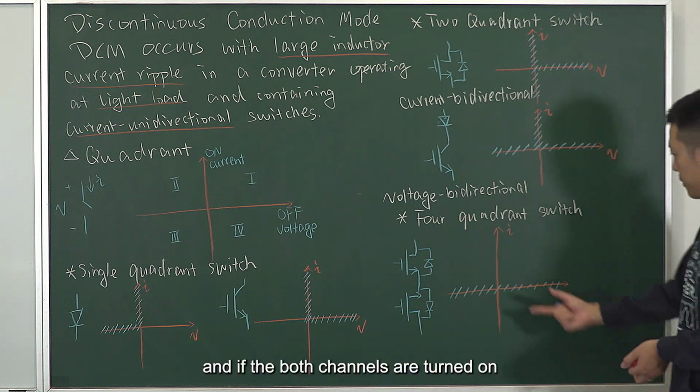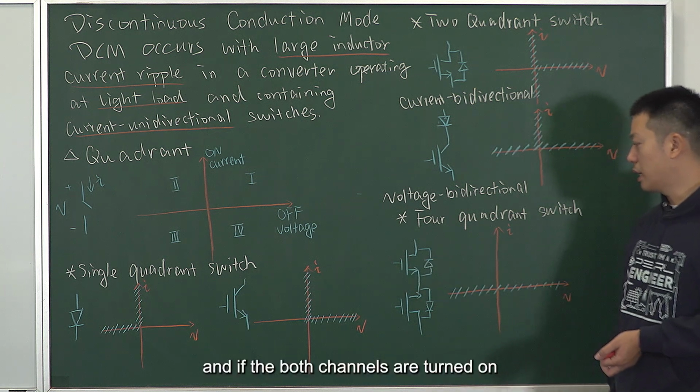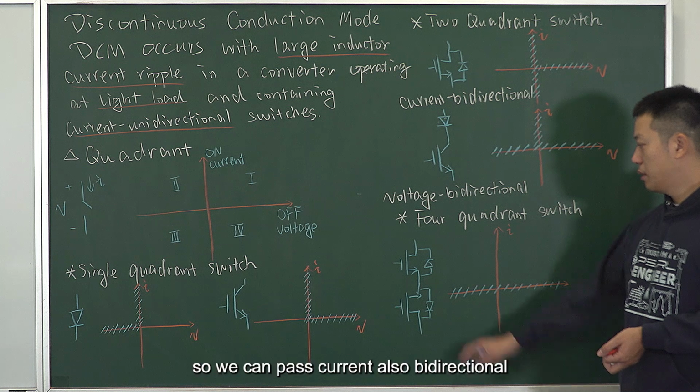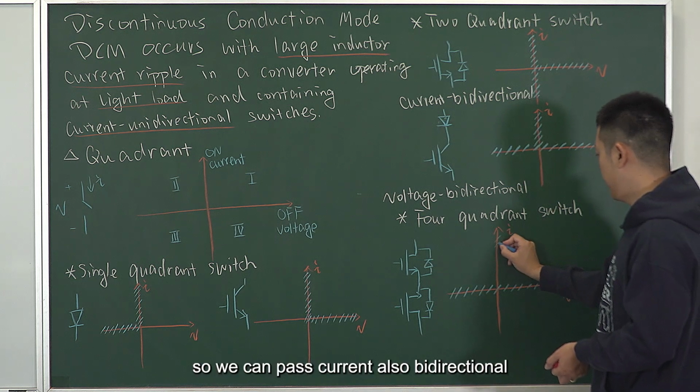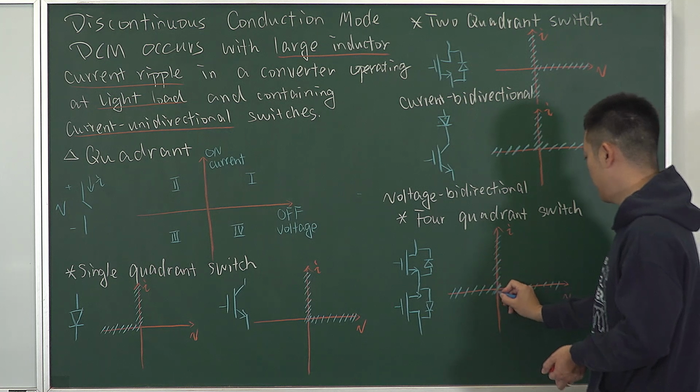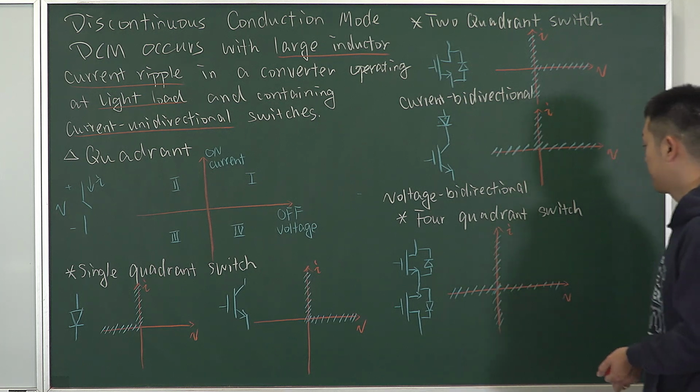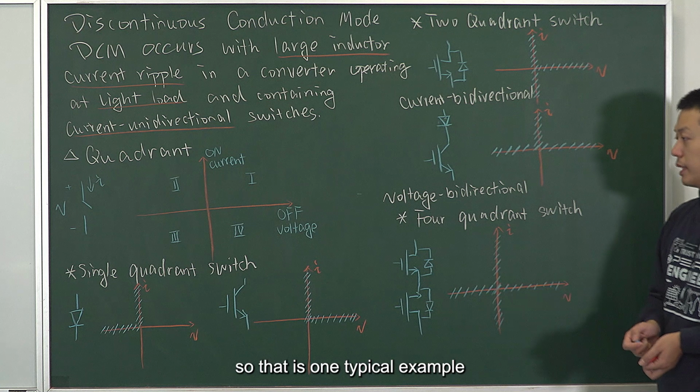And if both channels are turned on, we can pass current also bidirectionally. So that is one typical example.